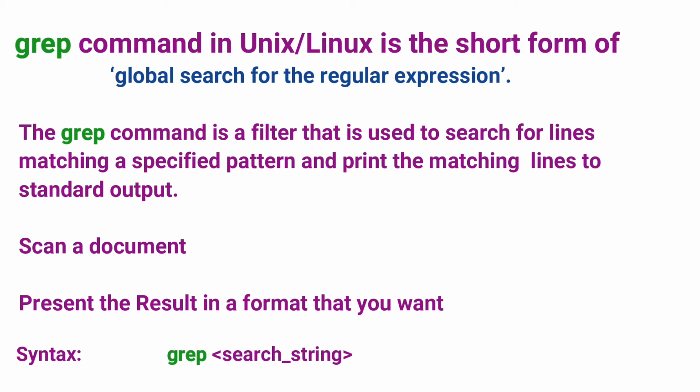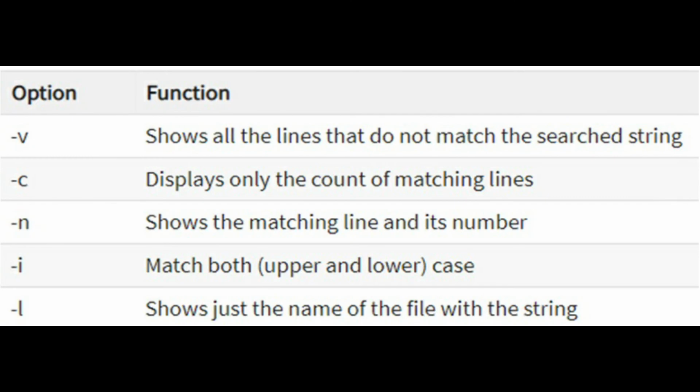The syntax for the grep command is you have to type the command grep and the string that you are looking for. There are various options that can be used with this grep command. A few of them are listed with their meanings.